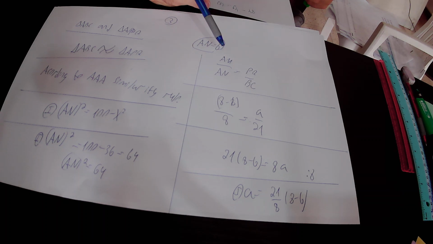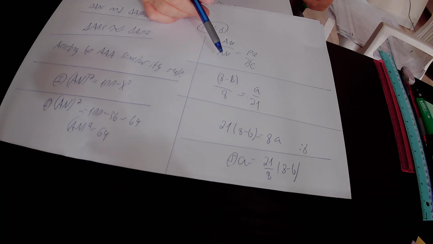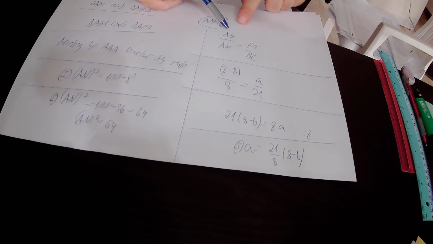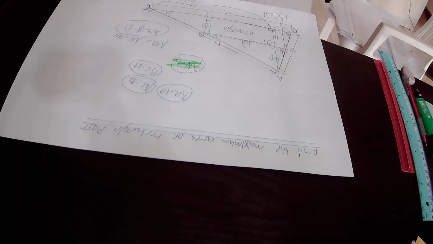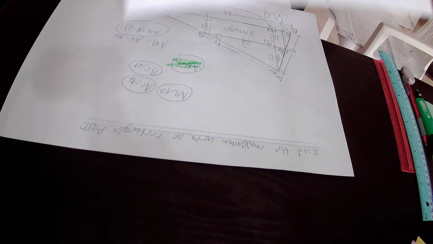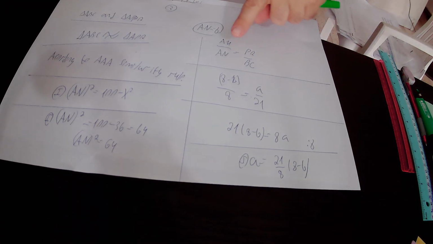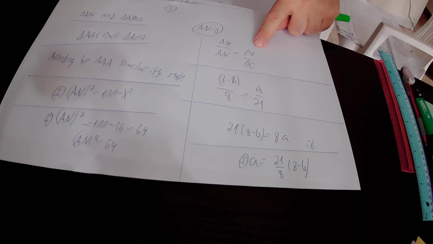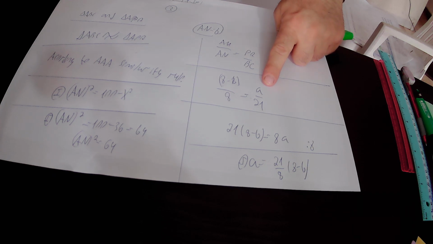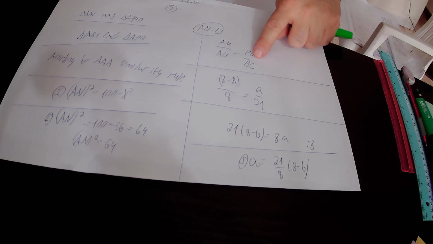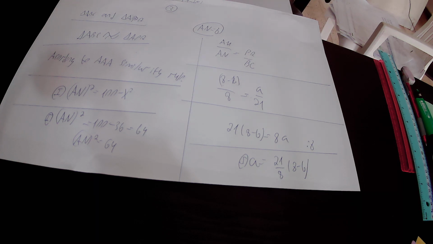Or AM over AN equals PQ over BC. Here AM is 8 minus B over AN is 8, and it equals PQ, that is A according to the definition, over BC, that is 21 according to what is given in the question.